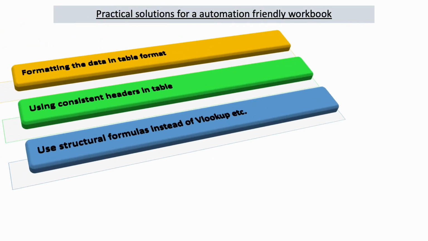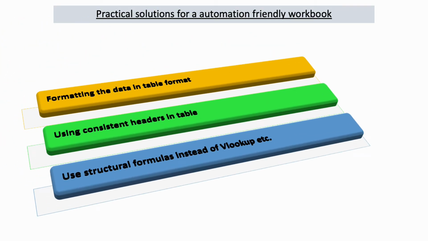So now getting to the main point for today, I wanted to go over certain practical solutions which we can use to create an automation friendly Excel workbook. The key ingredients are, whenever you receive data and you're trying to format it in your required form, I would personally strongly suggest that you always create your source data in a table format.